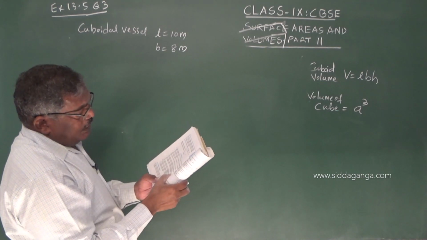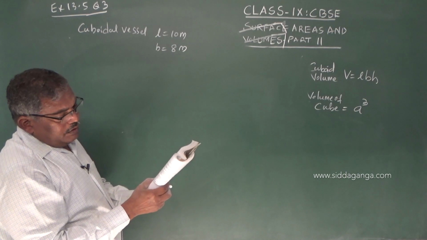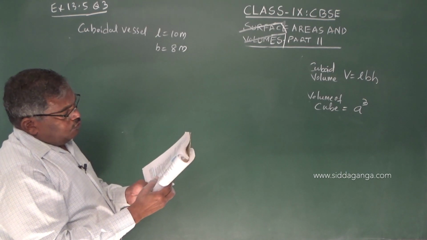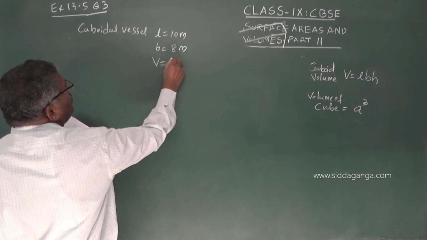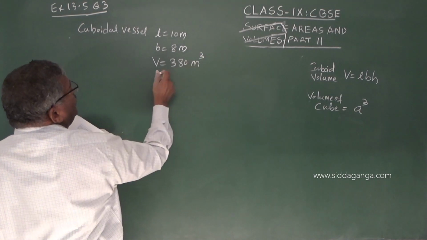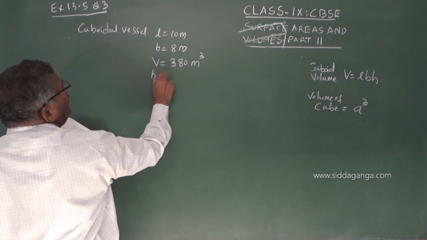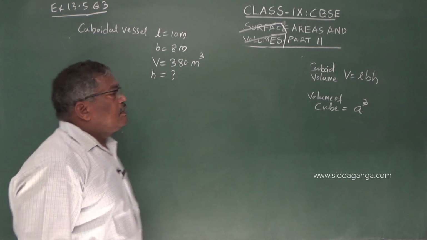How much high must it be to hold 380 cubic meters? So given volume is equal to 380 meter cube, and what will be the height of that vessel?